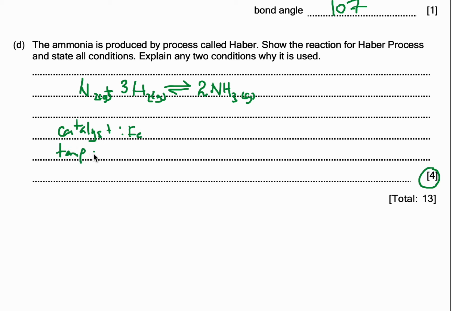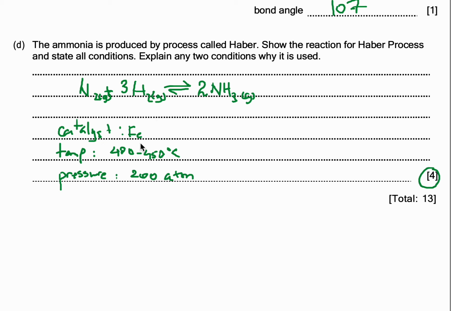Temperature, okay, temperature, it will be 450 degrees. And pressure, we use 200 atmosphere. Second mark for this, so iron, 450 and 200 atmosphere.